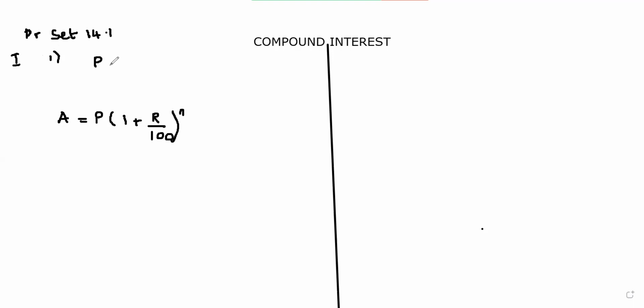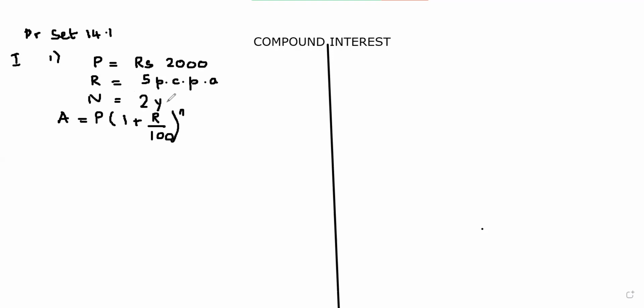principal is equal to rupees 2,000. The rate of interest is, they are giving me, at a rate of 5% per annum, and it is kept for a time period of 2 years.